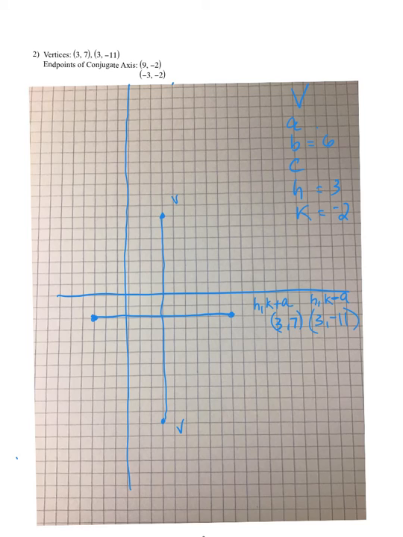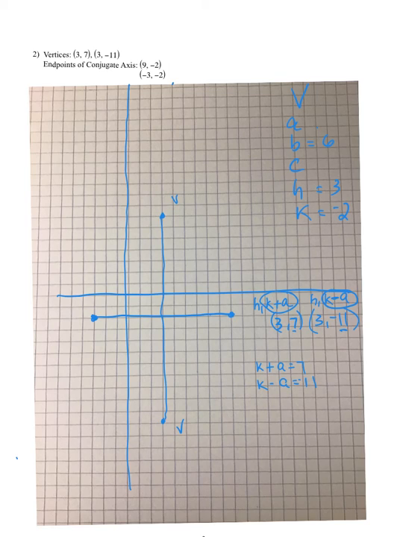So now we have to figure out a. And if we notice, k plus a equals the bigger of these 2 numbers, and k minus a equals the smaller of those 2 numbers. So I have that k plus a equals 7, and k minus a equals negative 11.